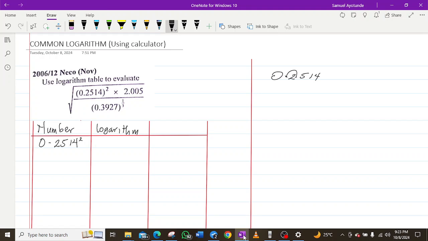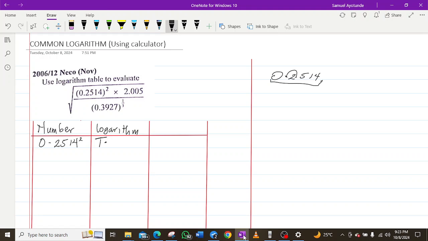And we must also take note that this figure is less than 1. Therefore, our value is 1 bar point. We have gotten the characteristics. We need to get the mantissa or the decimal.